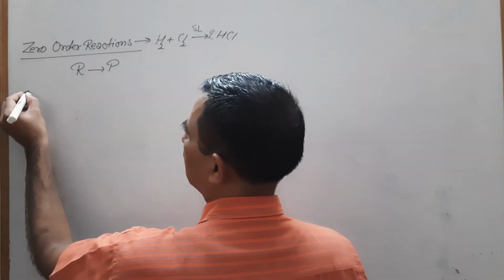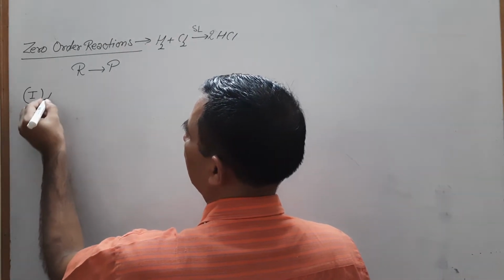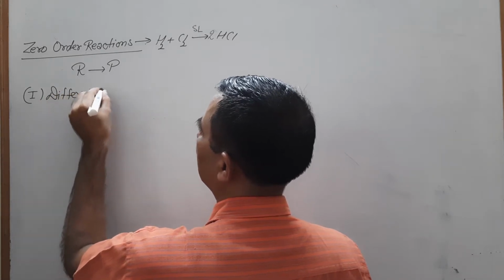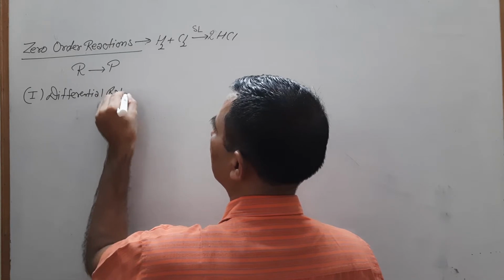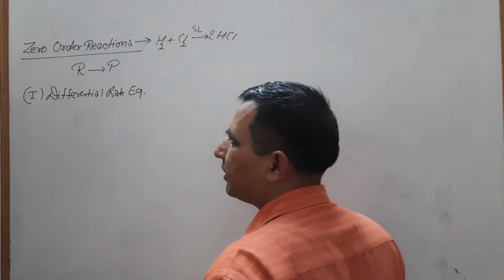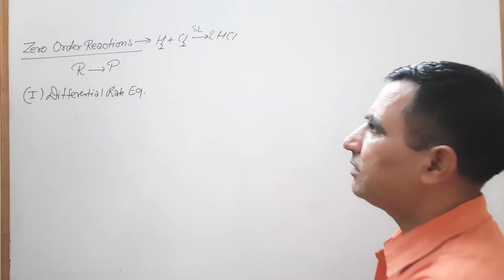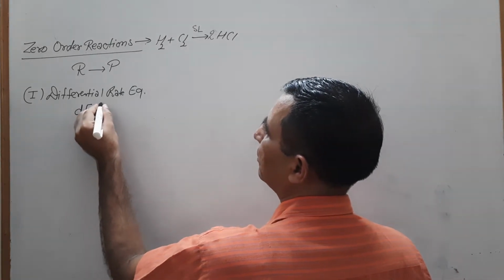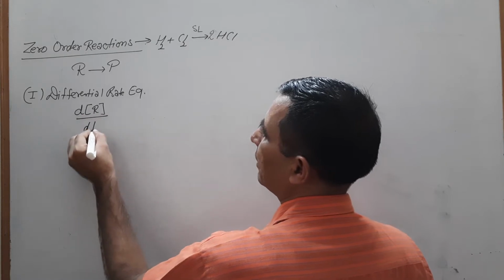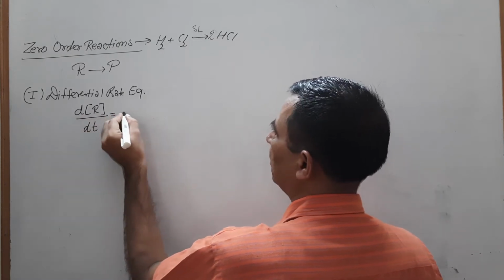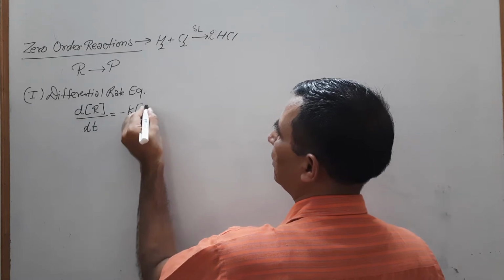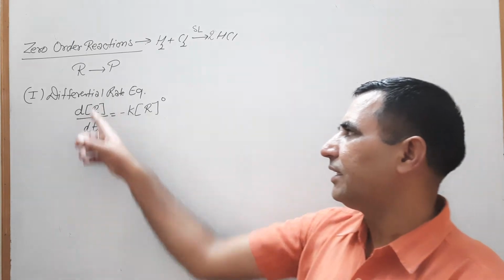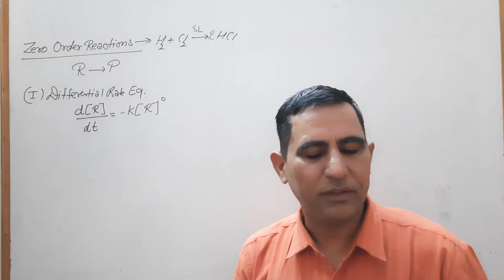The first formula is the differential rate equation. The differential rate equation for this one is dR by dt equals minus k R to the power 0.